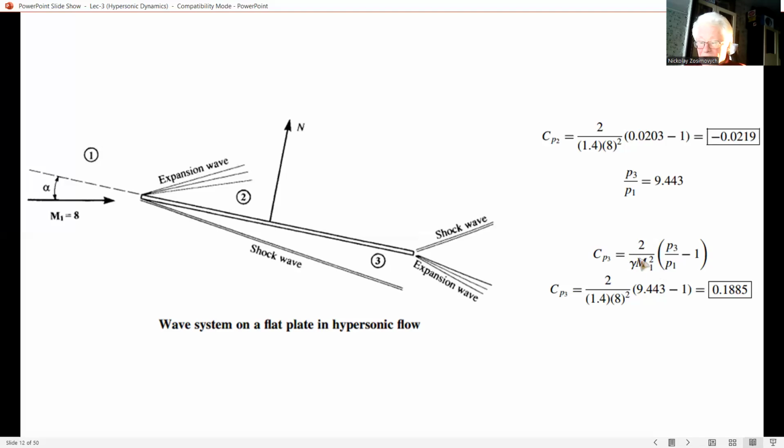2 over gamma M1 squared, and in parentheses, as we can see, P3 over P1 minus 1. Putting in our inputs and units here, we get CP3 as 0.1885.